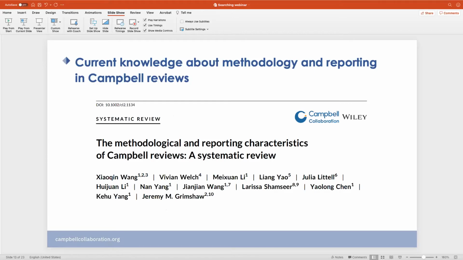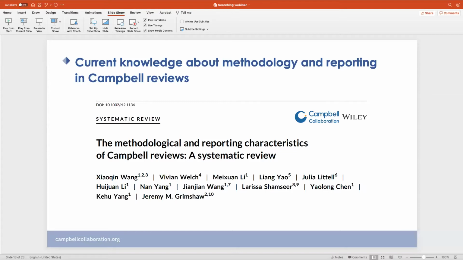So what do we know about Campbell? Well, I would say we don't really know too much about the quality and conduct of searches and reporting of searches in Campbell reviews yet, as there's not really been a systematic effort to assess this. However, recently, Wong and colleagues did publish a great work that looked at the broad methodological and reporting characteristics of Campbell reviews.